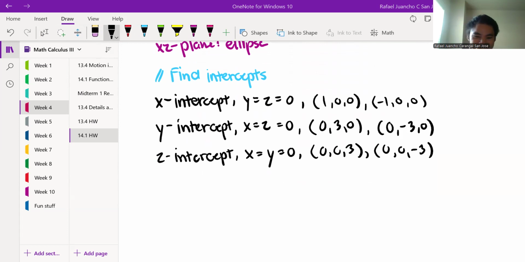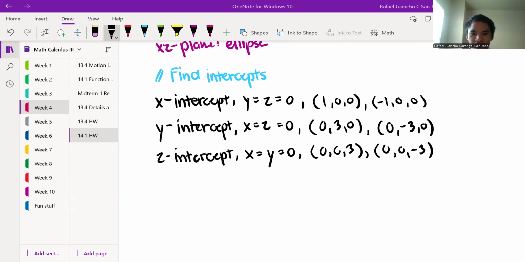Oh, I can't even look at it. Okay, let me see. So my z should have an intercept of 3, and I have that for all shapes. Okay. My y-intercept, 3 and negative 3 ideally.